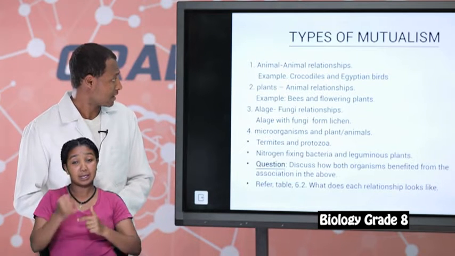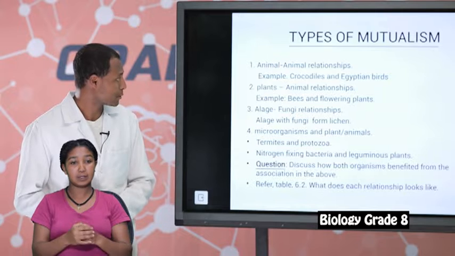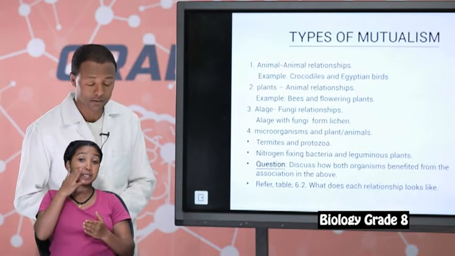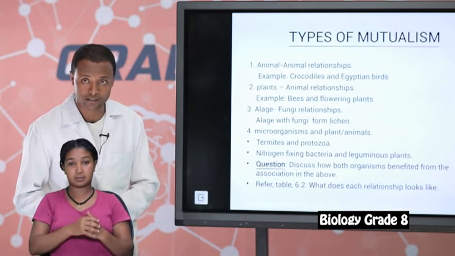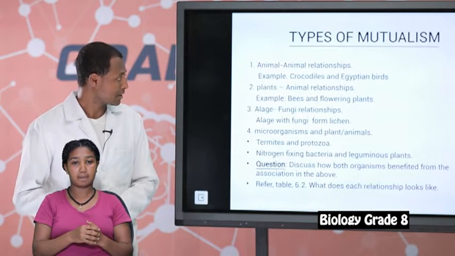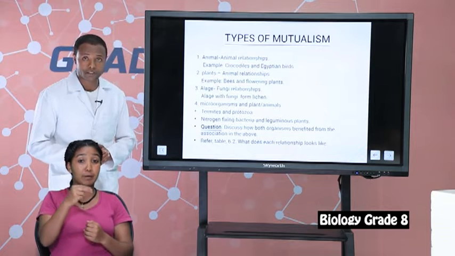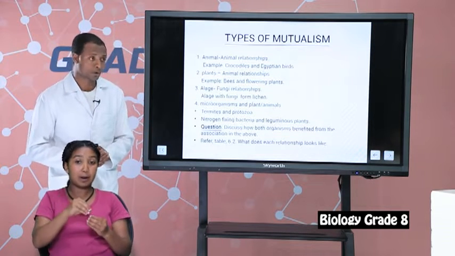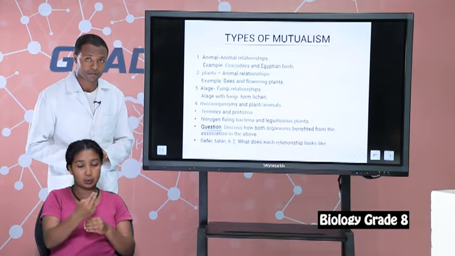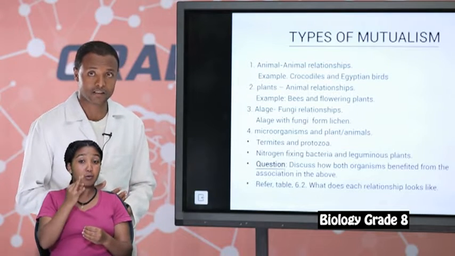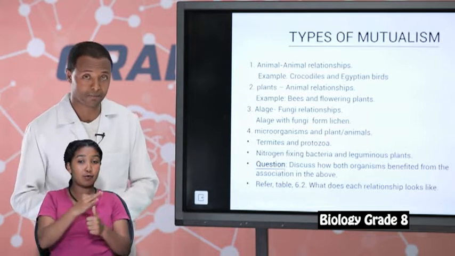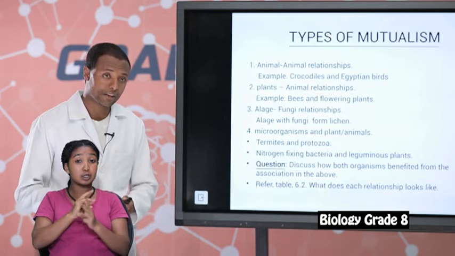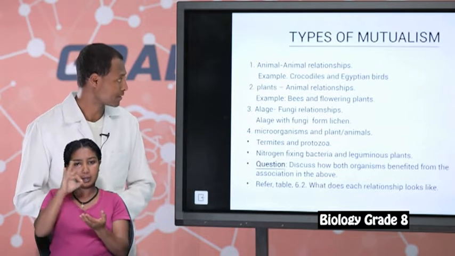The second is relationship between plants and animals. This is bees and the flowering plants, or insect and the flower. Bees are benefited from the flower because they obtain nectar, their food, whereas plants are also benefited from the insects in the form of pollination. That means bees are responsible in pollinating flowering plants.